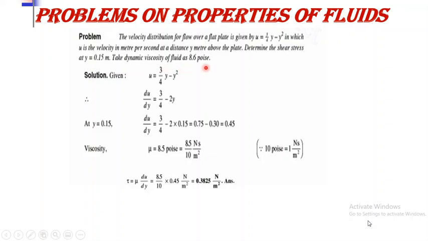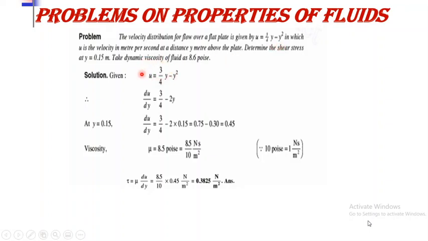So again we have to use here the Newton's law of viscosity for calculating the shear stress, and the velocity distribution for flow over the flat plate is given, that is the value of u is given, 3 by 4 y minus y square. So for calculating the rate of shear strain, that is du by dy, we have to use this equation, u is equal to 3 by 4 y minus y square.